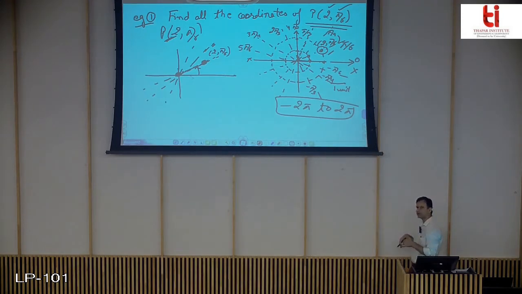Now rotate yourself clockwise, so that you go like this. You go clockwise. And this angle is your 330, or that is your minus 330, minus 11 pi by 6. Let me write it properly.